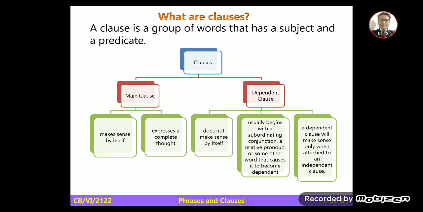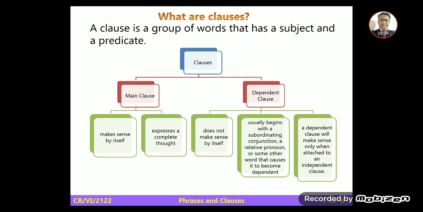How many kinds of clauses are there? There are two kinds of clauses. Number 1, the main clause, which can also be called an independent clause. And number 2, the dependent clause. Now let's know both of them one by one.